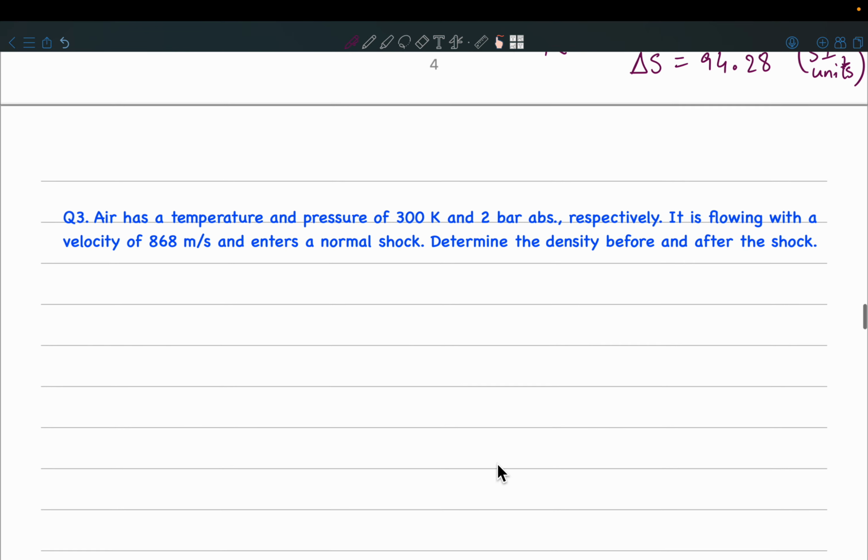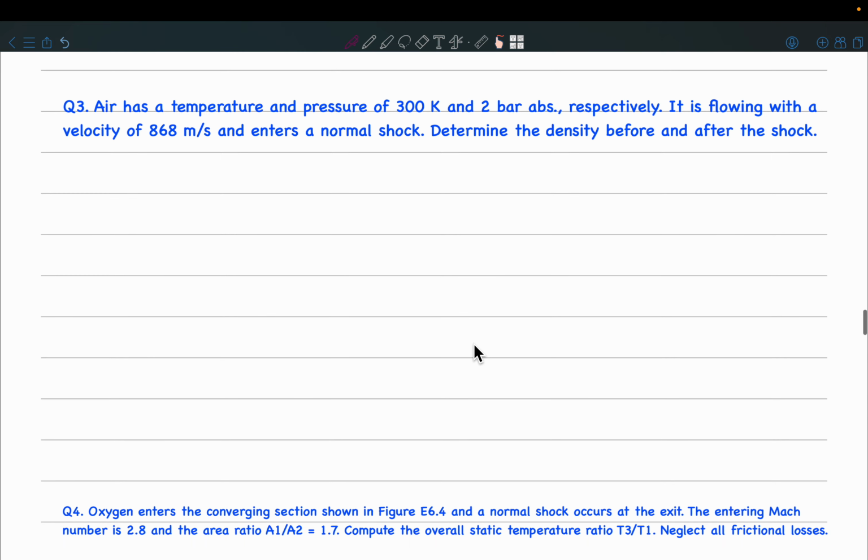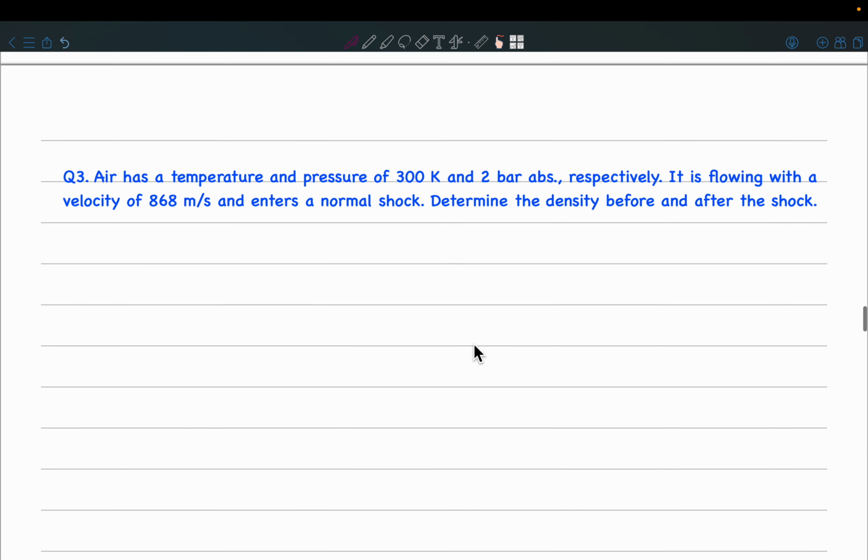Okay. So now there's this question: air has a temperature and pressure of 300 Kelvin and 2 bar respectively. It is flowing with a velocity of 868 meter per second, and again let's say there is a normal shock. You have to determine the density before and after the shock. So how do we find the density before the shock? Rho1 is equal to, ideal gas equation. We know T1 and P1, right? So Rho1 is nothing but P1 by R T1.